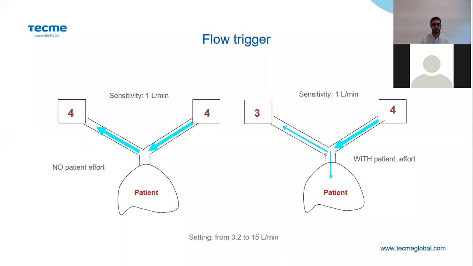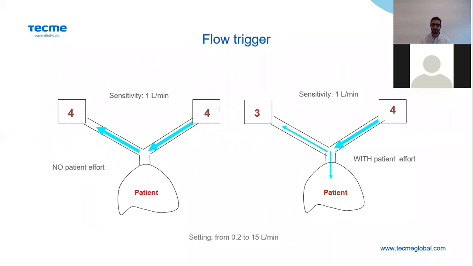So now we have a question here about this sensitivity. Considering our ventilator has a programmable flow sensitivity, which do you consider to be the most sensitive to the patient's effort?